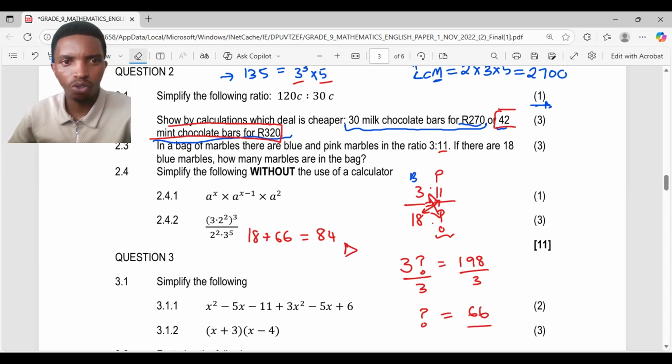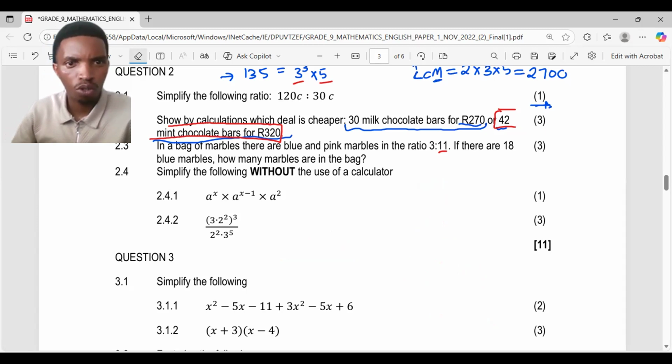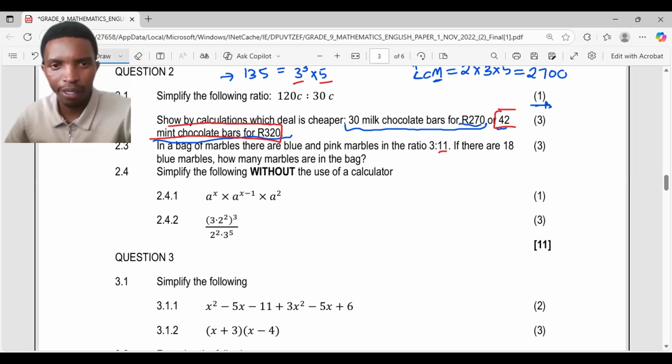And now we're going to 2.4. It says simplify without the use of a calculator. In this case, we have a exponent of x multiplied by a exponent of x minus 1 multiplied with a exponent of 2. If you multiply the same bases, what happens with the exponent?